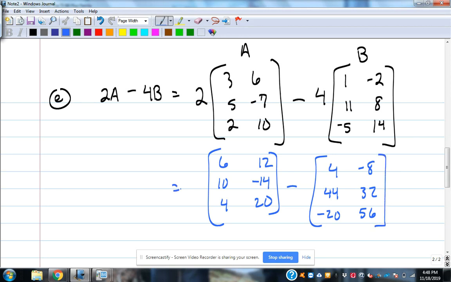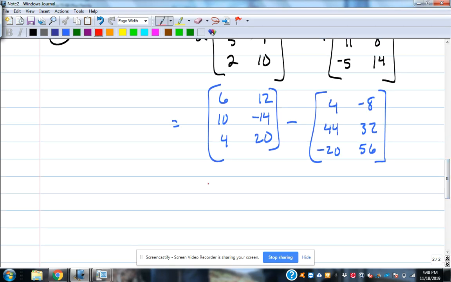And then I do that subtraction. 6 minus 4 is 2. 12 minus negative 8 would be 20. 10 minus 44 would be negative 34. Negative 14 minus 32 would be negative 46. 4 minus negative 20 would be 24. And then 20 minus 56 would be negative 36.